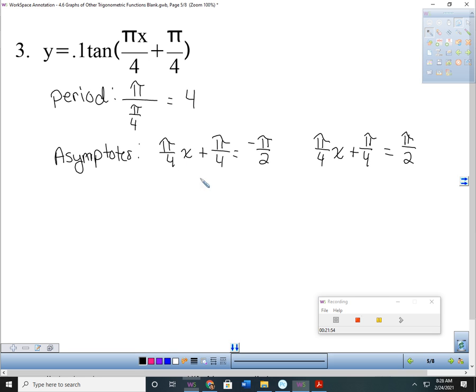So I'm going to solve for x. So first I'm going to subtract the pi over 4. So I have pi over 4 times x is equal to, all right, so if I take negative pi over 2 and I subtract pi over 4, that would give me negative 3 pi over 4.